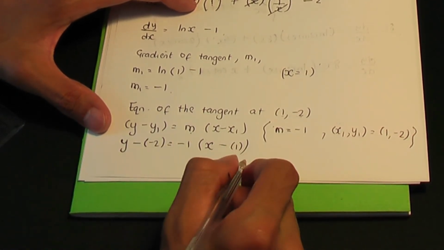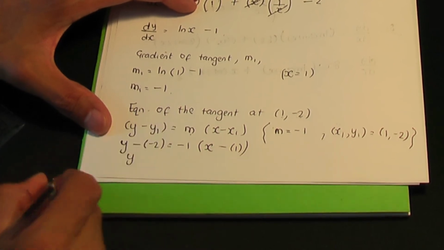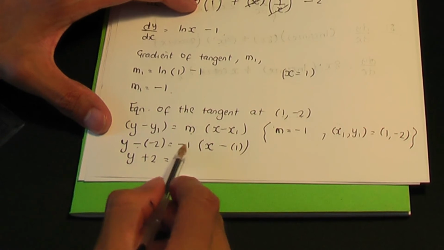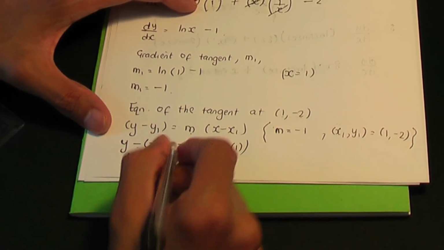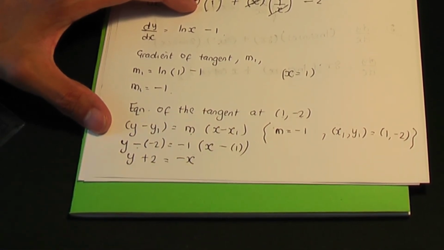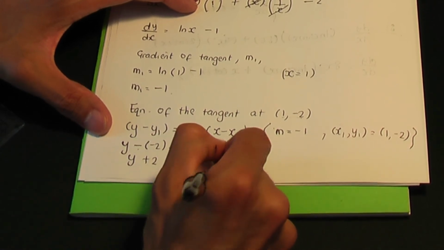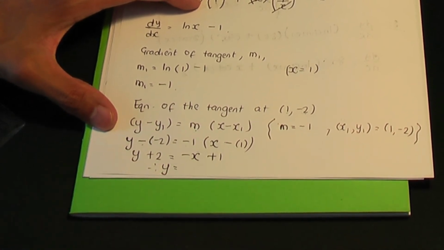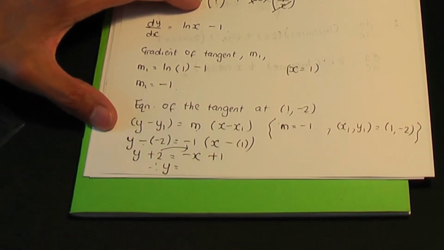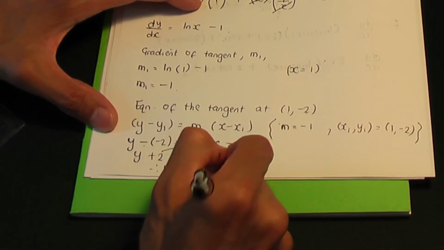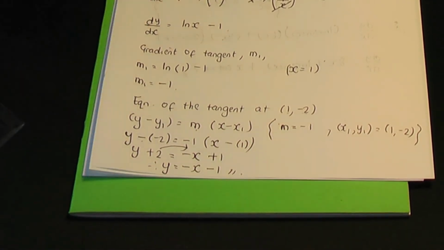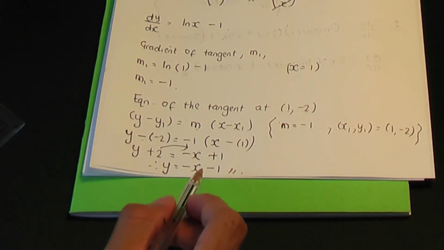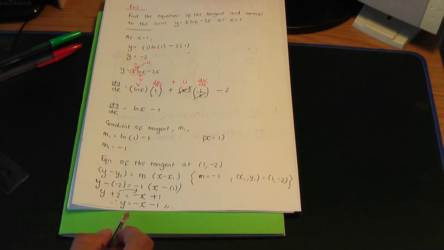If I expand these brackets, I'll have y plus 2 on the left, equal to, on the right hand side, minus x plus 1. So the equation of the tangent, if I take the plus 2 to the right hand side, is y equals minus x minus 1. So that should be the equation of the tangent, okay?